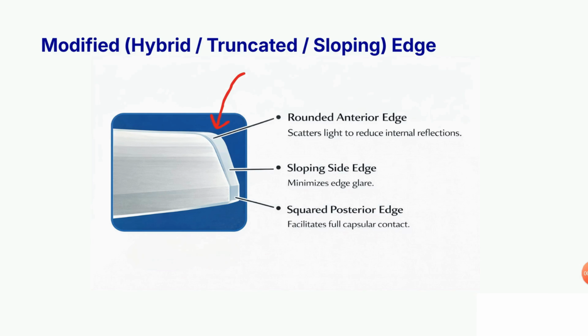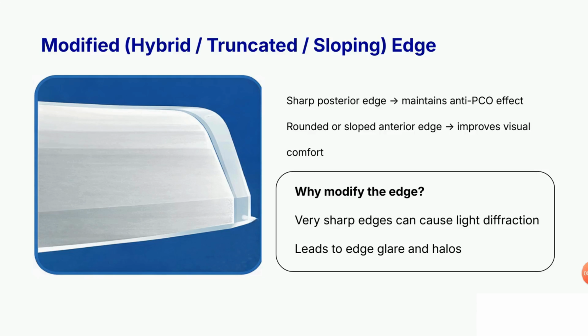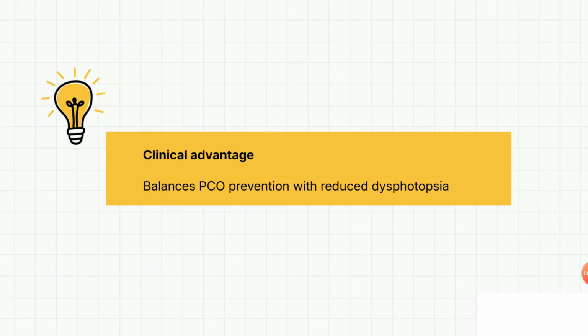The rationale behind this design is to reduce photic phenomena such as edge glare and halos, which can occur due to light diffraction from an excessively sharp anterior optic edge, particularly in patients with large pupils and high visual demands. So these hybrid designs aim to strike a balance, maintaining strong PCO prevention while also improving visual comfort and reducing dysphotopsia.